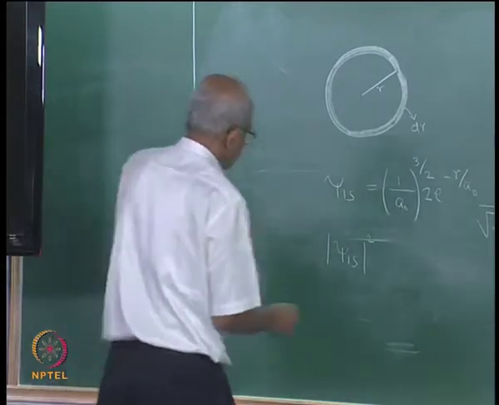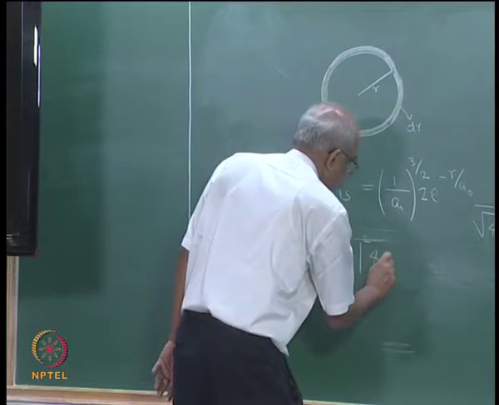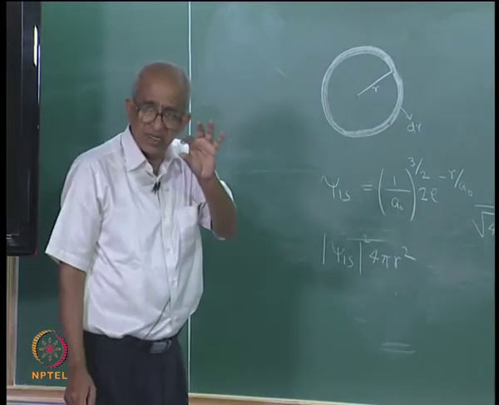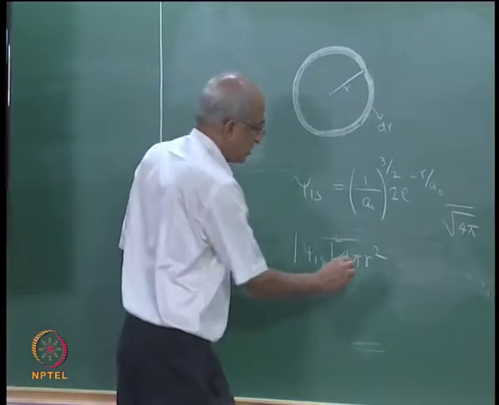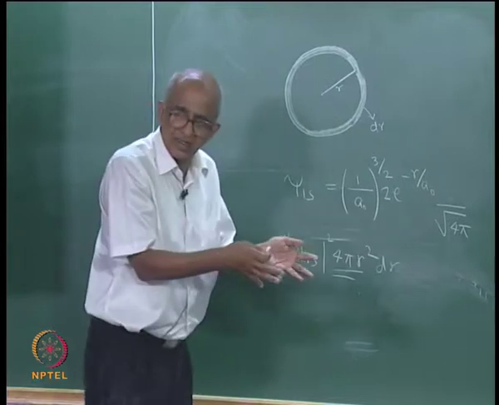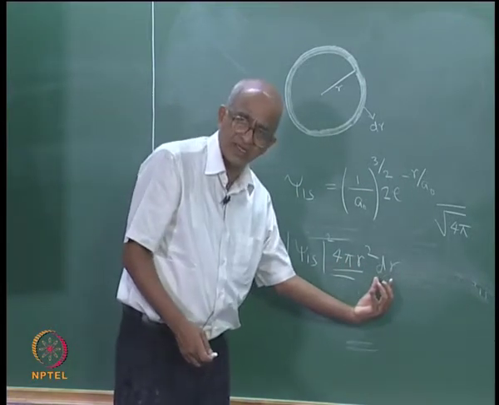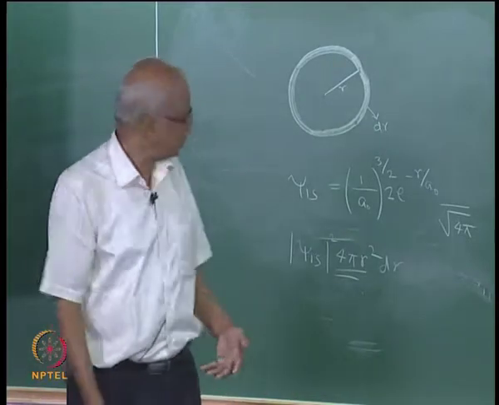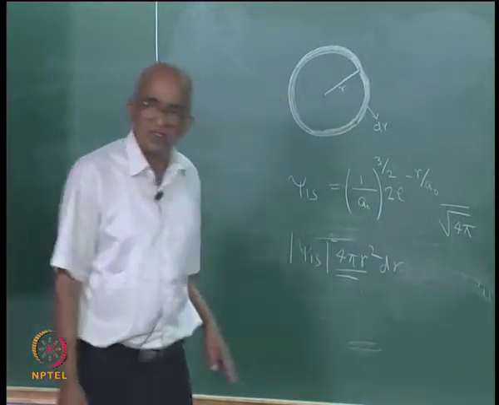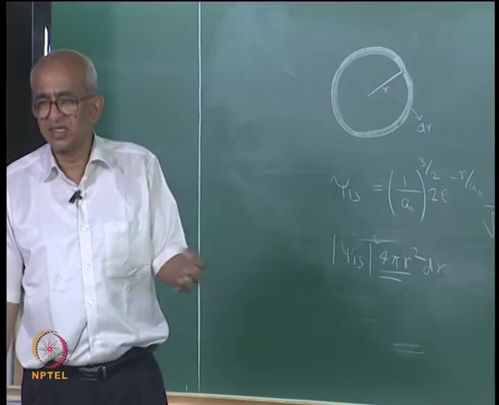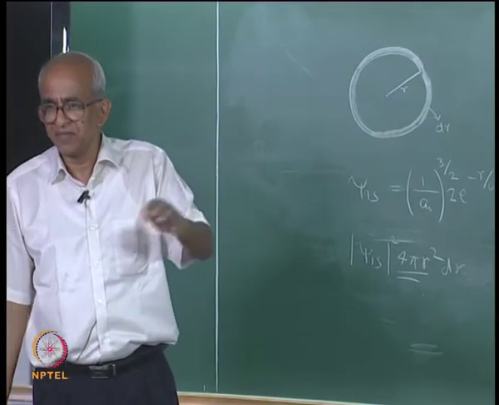So, you multiply this by 4 pi r square, and then the thickness of the spherical shell, as I have told you, is dr. You multiply these things, you are going to get the volume of the spherical shell, and this product is what you refer to as the probability. This is your probability that the distance is between r and r plus dr.